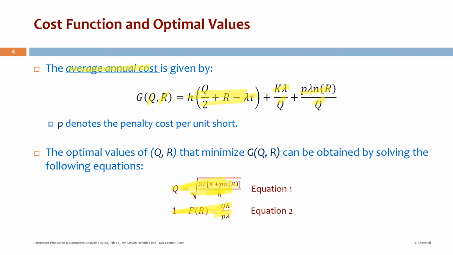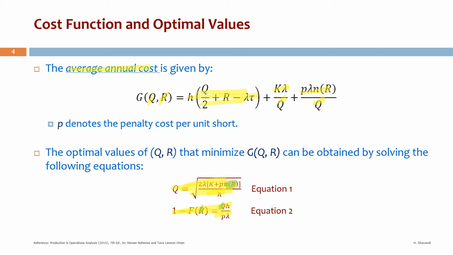As you see here in Q, we have a term, let me show with a different color, like this. We have the N(R) here, and here we also have R. So we need to start from an initial value for Q. Then, having that initial value for Q, we can obtain R, and then having this R, we can obtain N(R), and then having that N(R), we can obtain a new Q here.